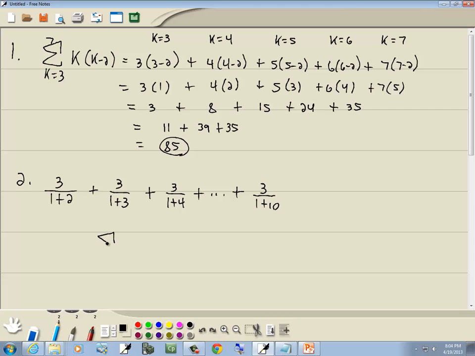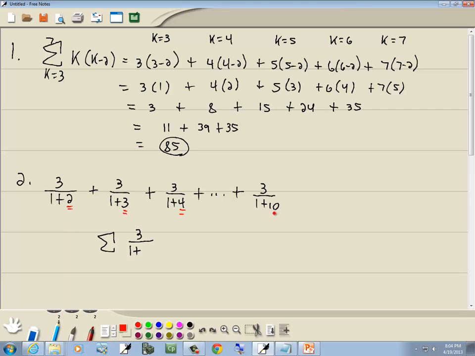Okay, so we're going to have our sigma notation here. Now we look for things they have in common. Like all of these have 3 up on top, so we'll put a 3 up on top. And then they all start with 1 plus. From there, it changes. Here's a 2, here's a 3, here's a 4.